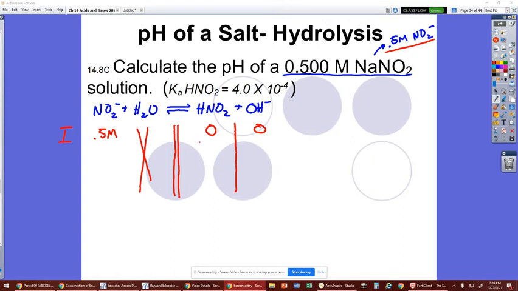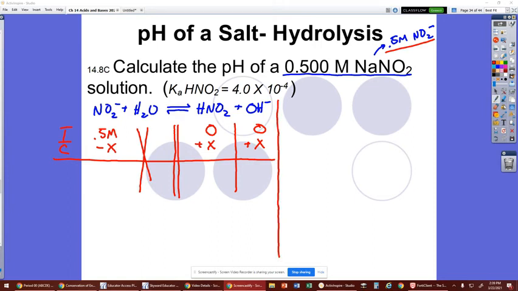We know that we are going to dissociate a little bit, so these guys will both increase by X, this one will decrease by X. And we don't know yet whether this X is negligible because the K value that we have is a Ka value for nitrous acid. We need a Kb value for the nitrite ion.